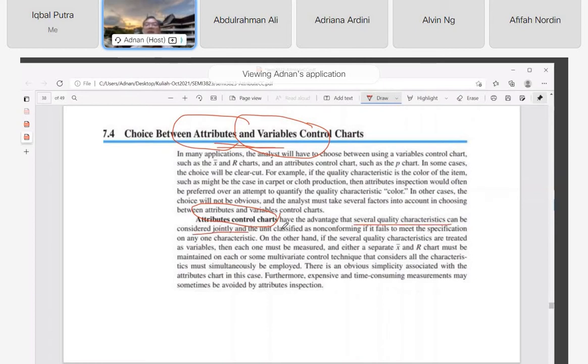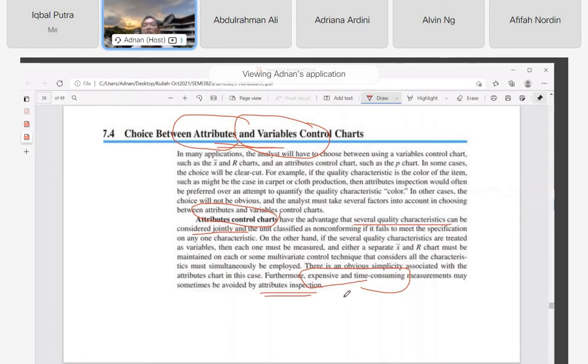For example, with the D chart, you can consider multiple types of defects at once. But if you are using variable, you are monitoring only one type of parameter. So this is expensive and time-consuming. Expensive and time-consuming measurement may sometimes be avoided by attribute inspection.